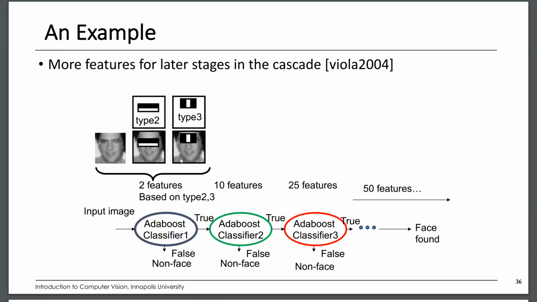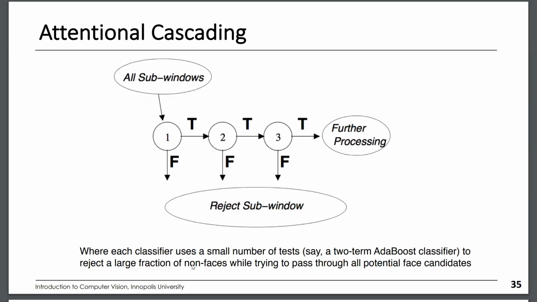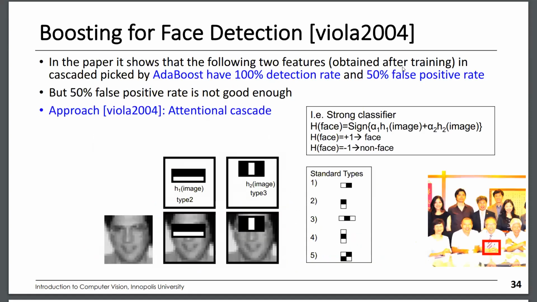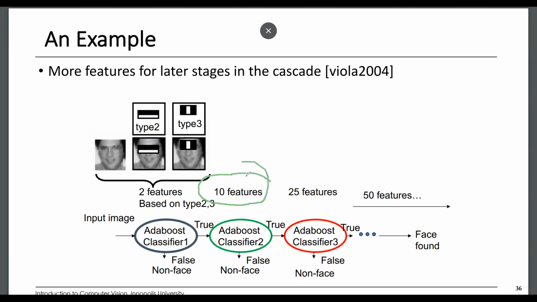For example, here, two features, only this and this one. If it tells us it's not a face, then clearly we say it's not a face, because it has a 100% detection rate. If it tells us it is a face, we doubt it because it has a high false positive rate, and we move on to a more complicated model. This one now has 10 features.